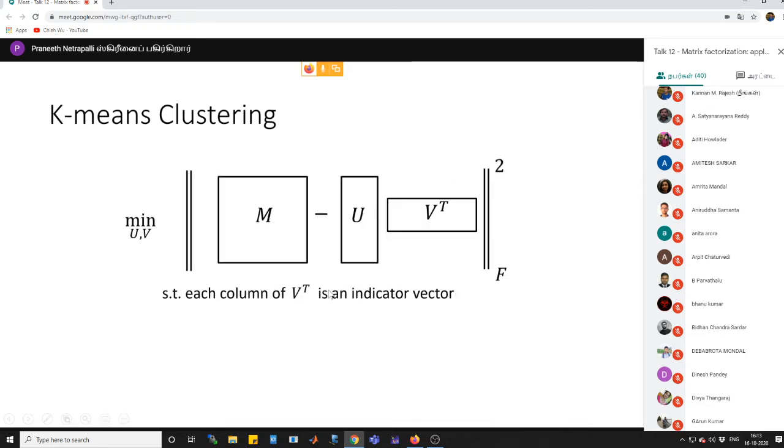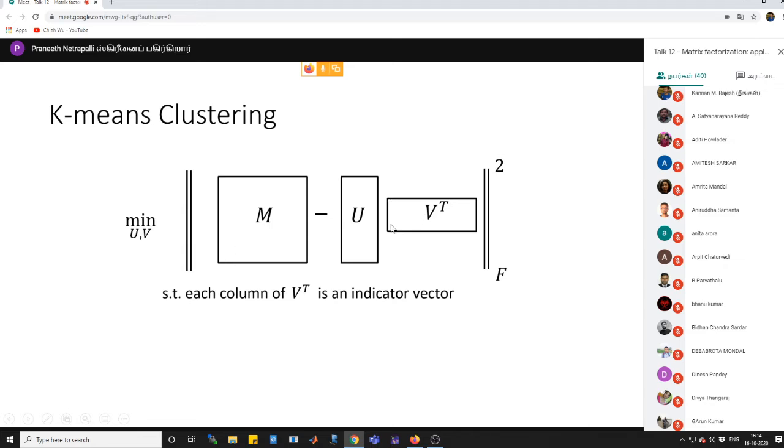And the way it does this is that you again want to minimize the norm of M minus UV transpose over U and V, where the number of columns in U is much smaller than the number of columns in M. But the second constraint here, as opposed to the PCA setting, is that each column of V transpose is an indicator vector. Okay, so it has a one in only one element. Which means that you take any column of M, so let's say the first column.